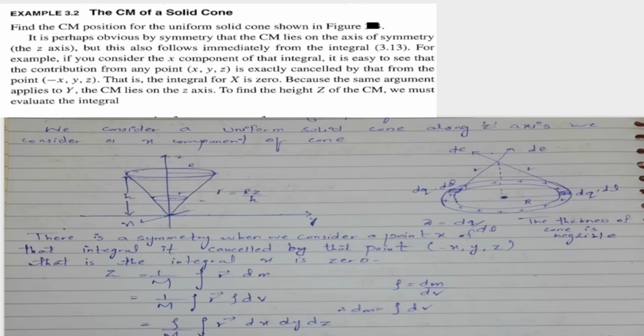The cone is only along z, so these two terms will cancel. There is no need to write anymore. So z is similar.